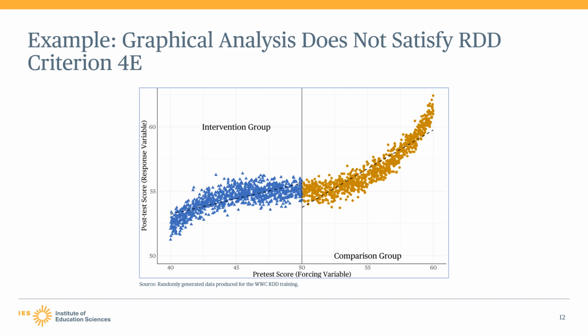The scatter plot clearly indicates that the outcome forcing variable relationship is not linear and would be reflected better in a polynomial model specification. This graphical analysis would not satisfy RDD Criterion 4E because the functional form specification used for the impact analysis is obviously inconsistent with the graphical display of the outcome forcing variable relationship.